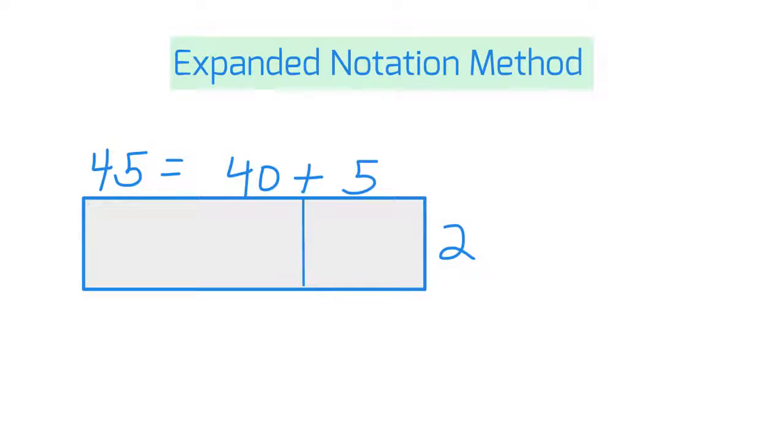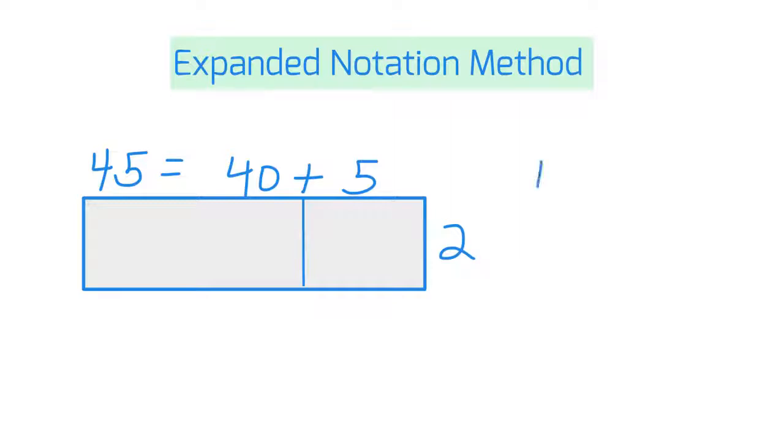Another method that we can use is called the expanded notation method. In this method, we would create an area model similar to the place value sections method, but in this case, instead of writing on the actual area model, we will do some think work off to the side.